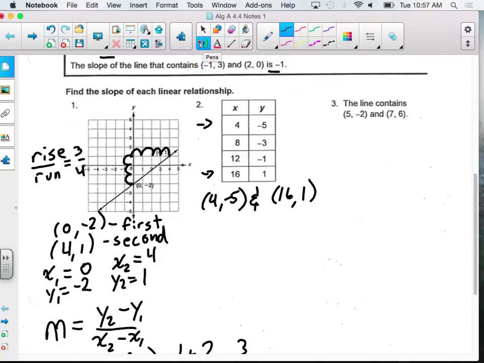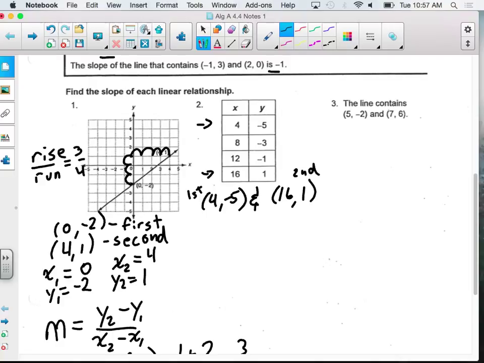So which one do we want to be our first order pair? This one? Yeah. So we could write it first right next to it, and this one we would write second. So after we have our first and second, we have to do what? Figure out what x and y one is. X sub 1.